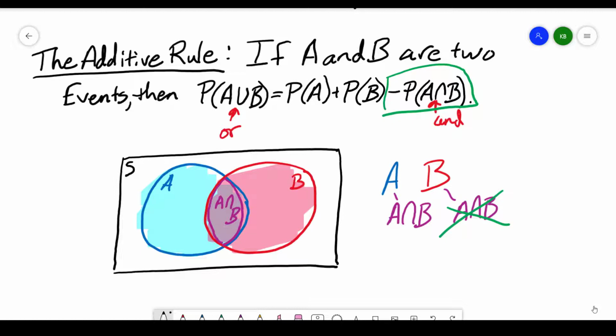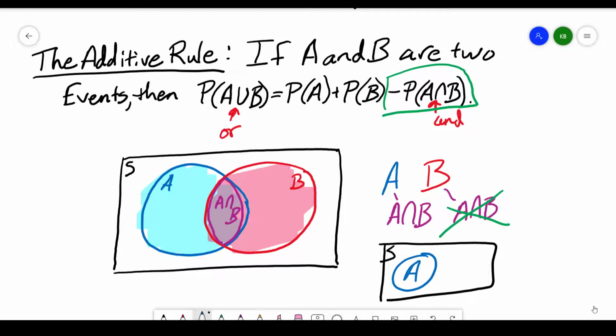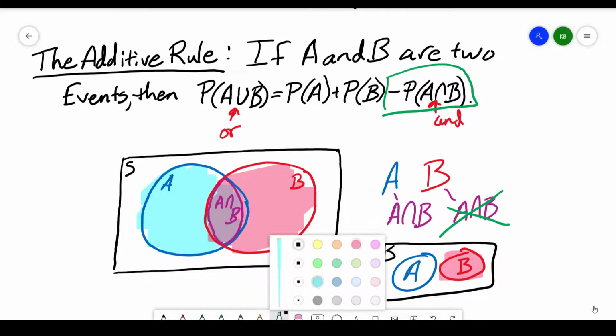Now remember, from our definition of probability, if A and B are mutually exclusive events, then I would have a different looking Venn diagram. I would have A over here, and I would have B over here. And when I went to add them, I'd add everything in B, and then I'd add everything in A, and there's no overlap, so I don't need to worry about this intersection problem.